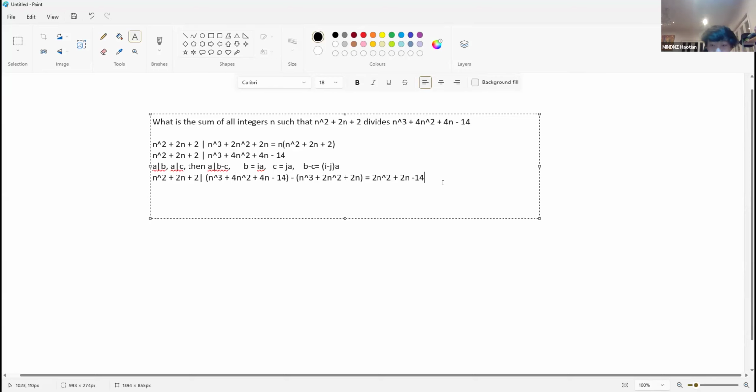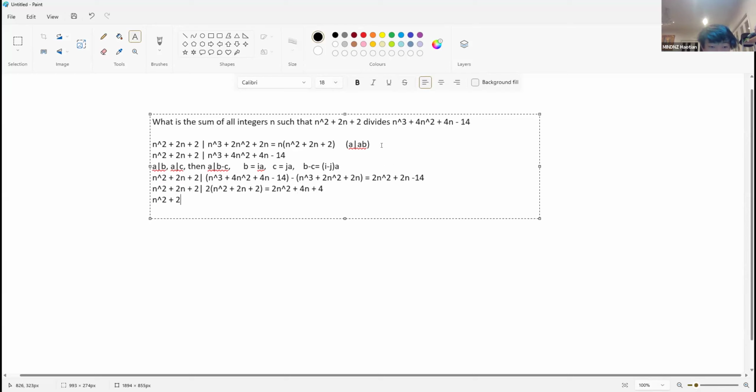Yeah. And then also we do the same thing, right? And here we use that a divides a times b. So then using the same thing, we know that n squared plus 2n plus 2 divides 2 times itself, which is equal to 2n squared plus 4n plus 4.